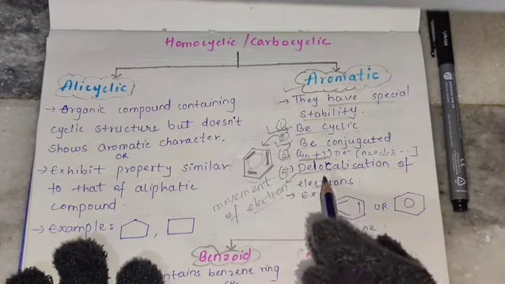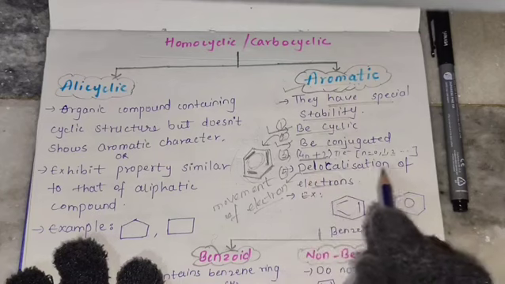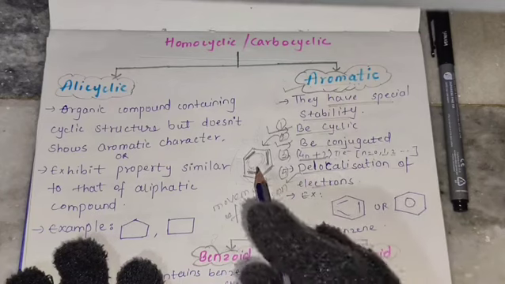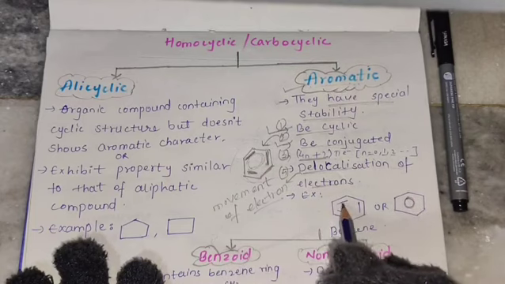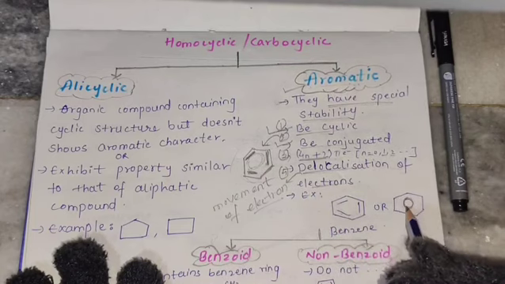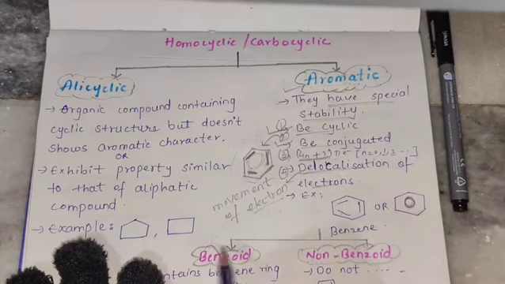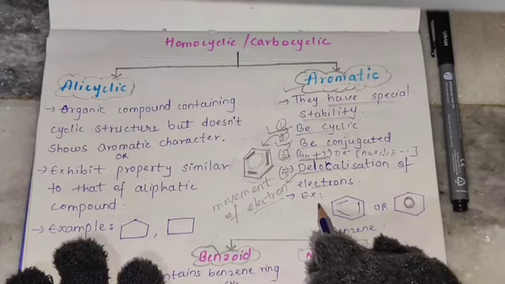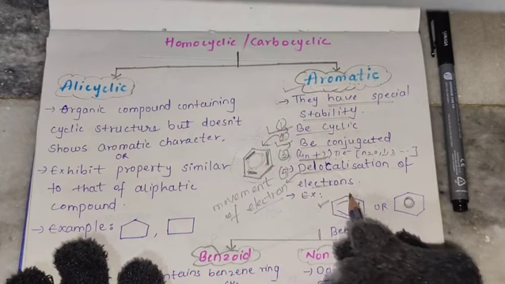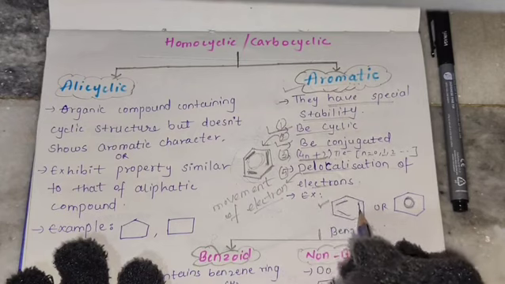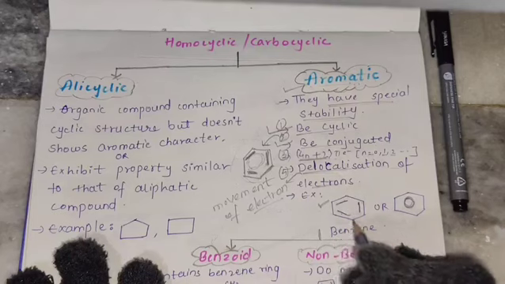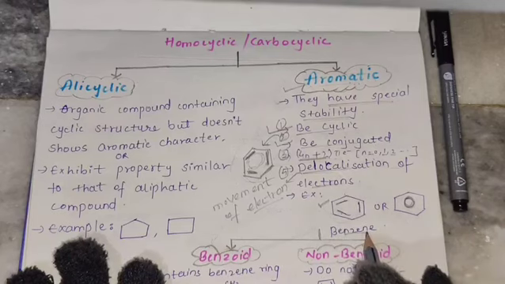Movement of electrons inside a ring is called delocalization of electrons. So it can also be shown like this. Okay, this double bond also shows like this. And this type of structure, if any structure contains 6 carbon atoms and alternate single and double bonds, then that kind of structure is known as benzene.